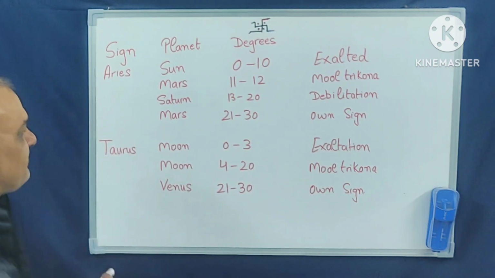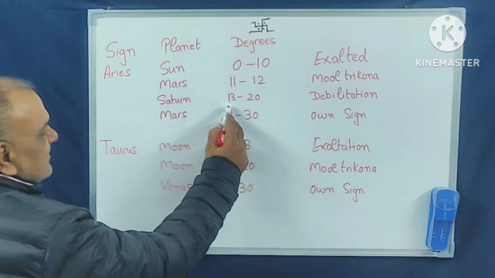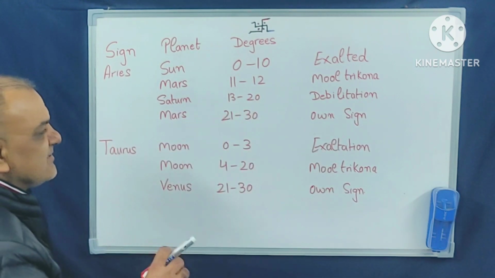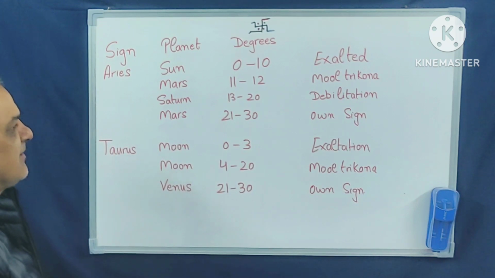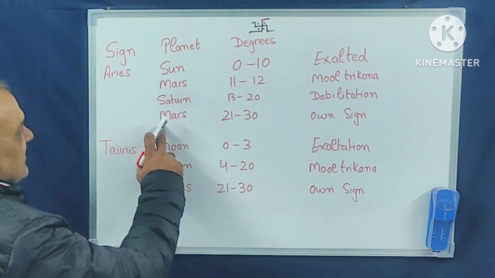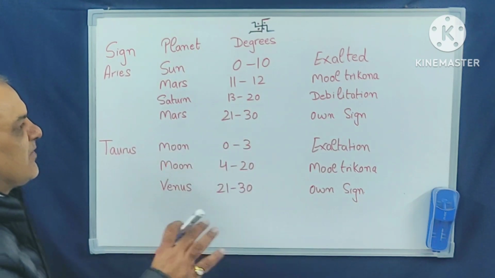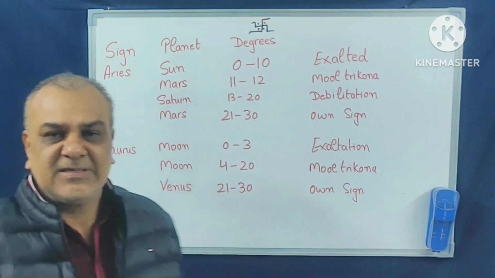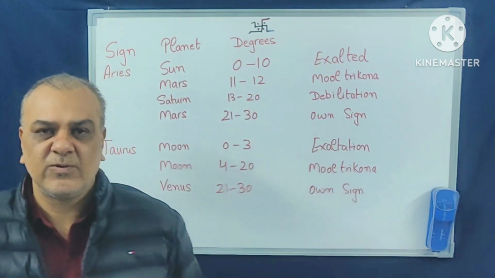This I will explain. In Aries, Saturn at 13 to 20 degrees is considered a debilitated planet, a Neecha planet you can say. In the same case, in Aries, if Mars is placed between 21 to 30 degrees, then it is considered in his own house.